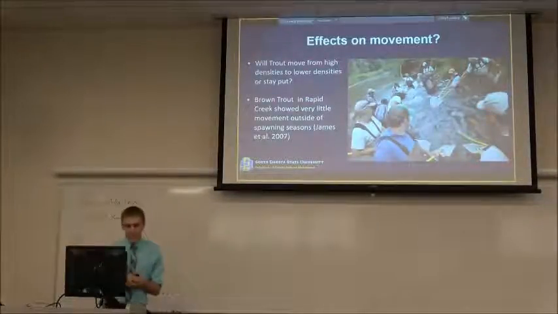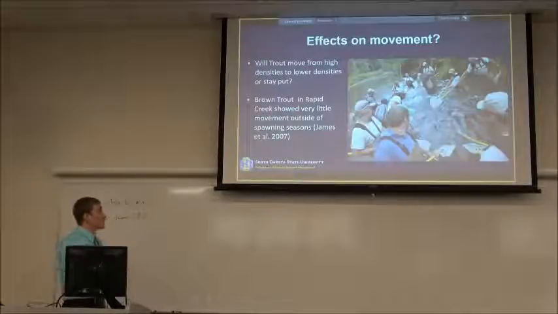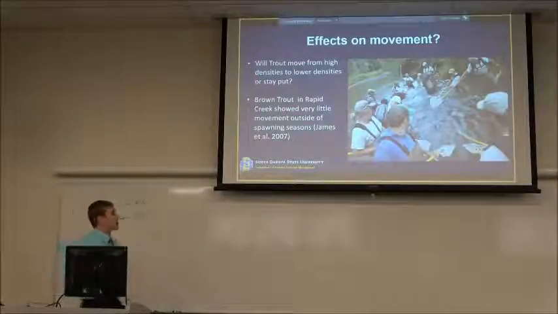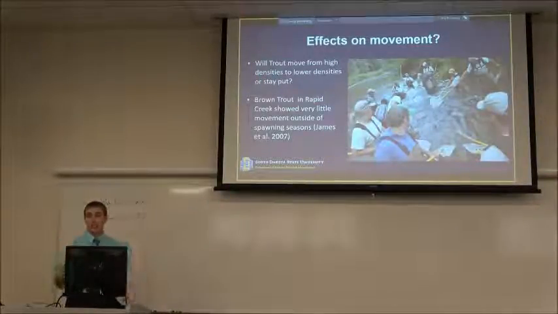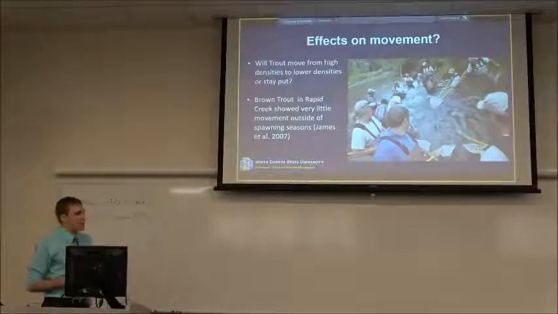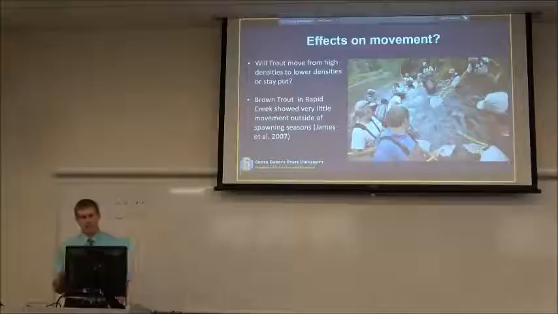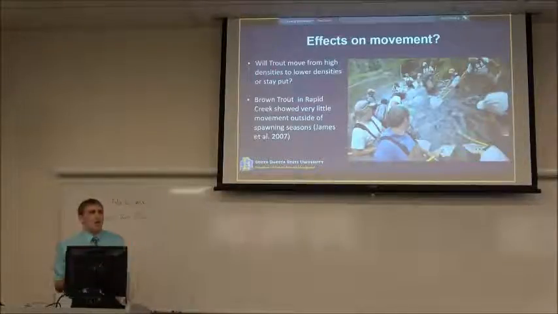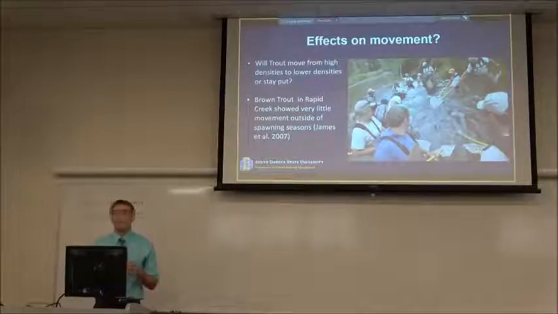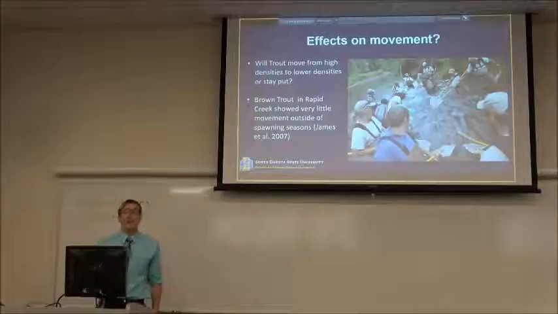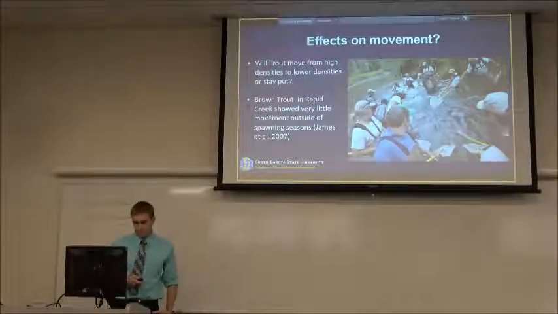Now, recent work by James et al. in 2007 showed that brown trout, again in Rapid Creek, another comparable Black Hills stream, move very little. They have small home ranges, and the only really large movements we see is during the fall migrations for spawning.